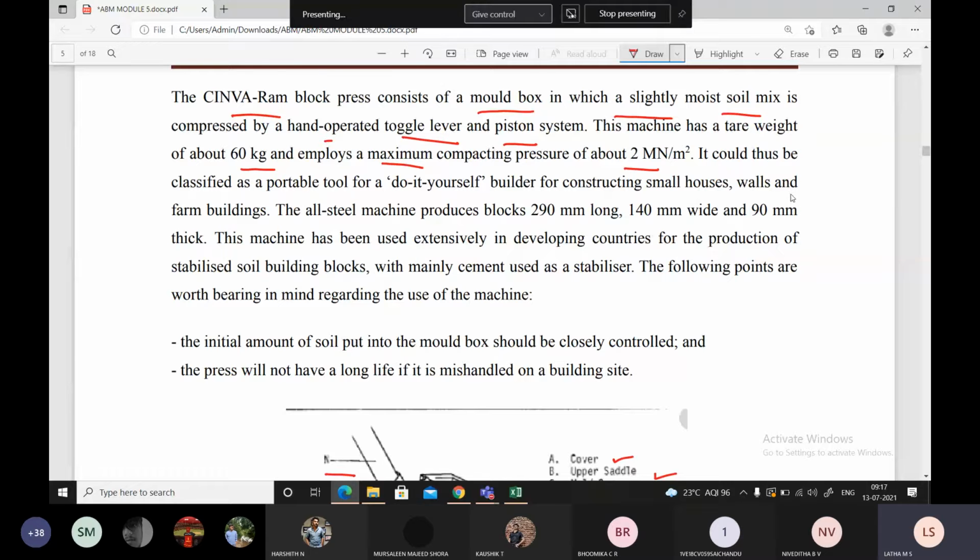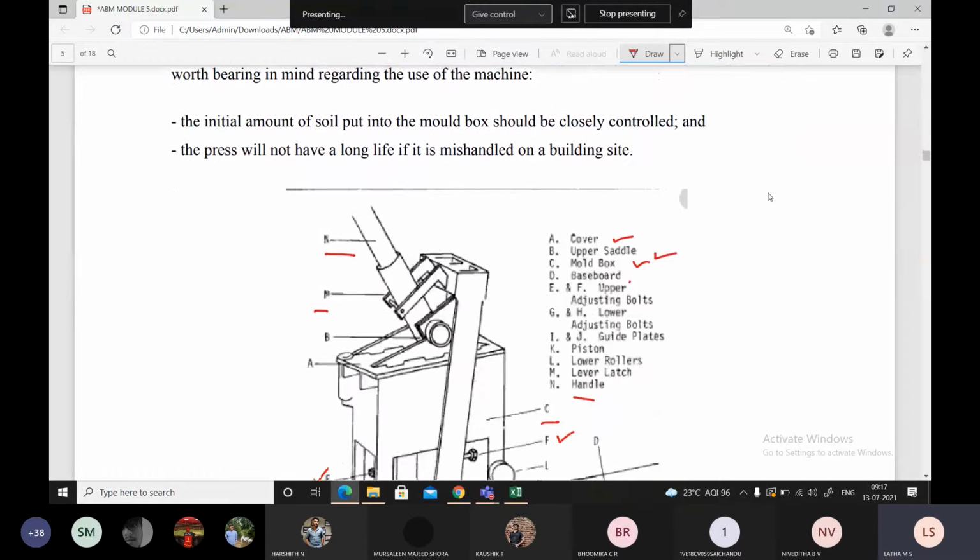That means you can compact a soil. When you are filling this stabilized soil, you have to press the lid. When the lid is being pressed, it is getting compacted. To what density is it getting compacted?